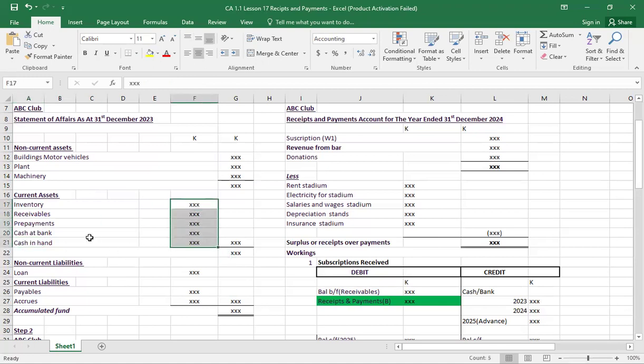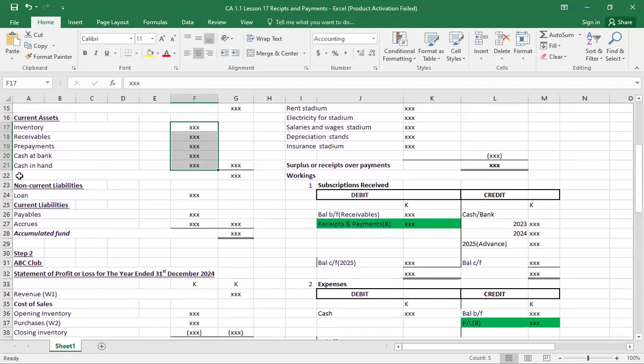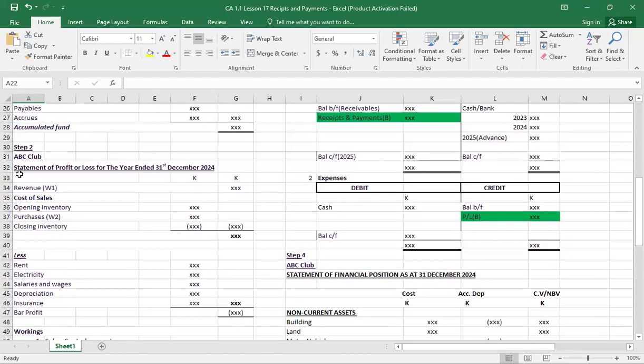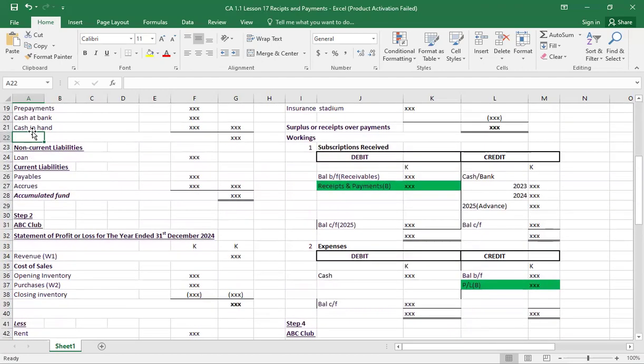Then the other item that I think I just forgot to include here, there's subscriptions that can be prepaid as well as subscriptions that can be owing. Whenever a subscription is owing, that is a current asset to the business because it's a receivable of some sort.